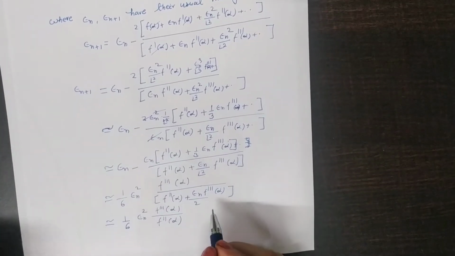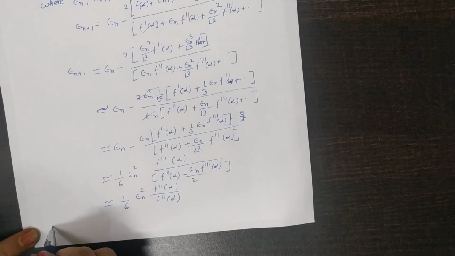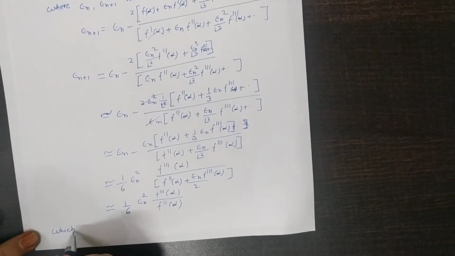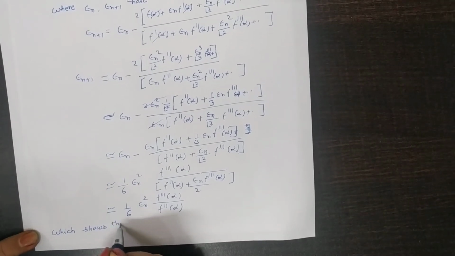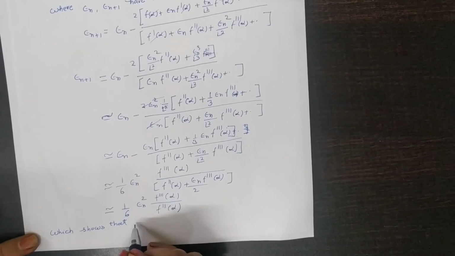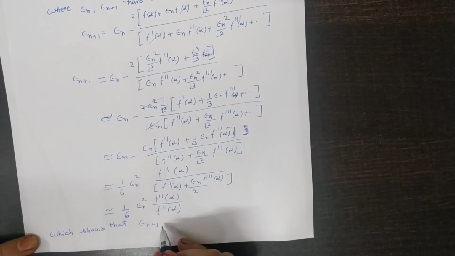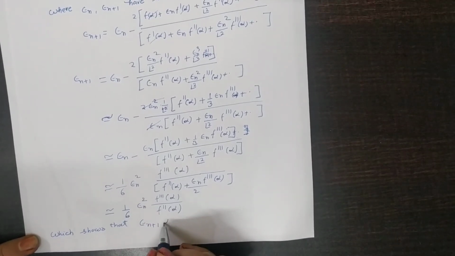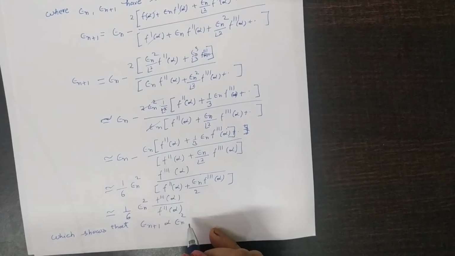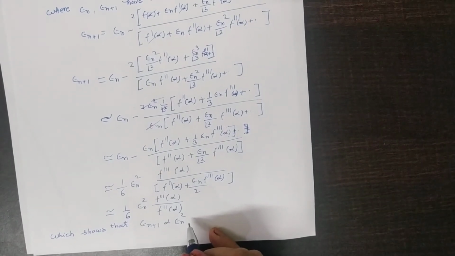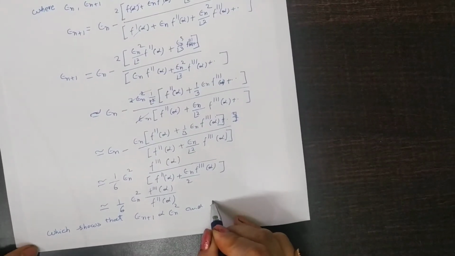Now neglecting the higher order terms, which shows that epsilon n plus 1 is proportional to epsilon n square, and the convergence is quadratic.